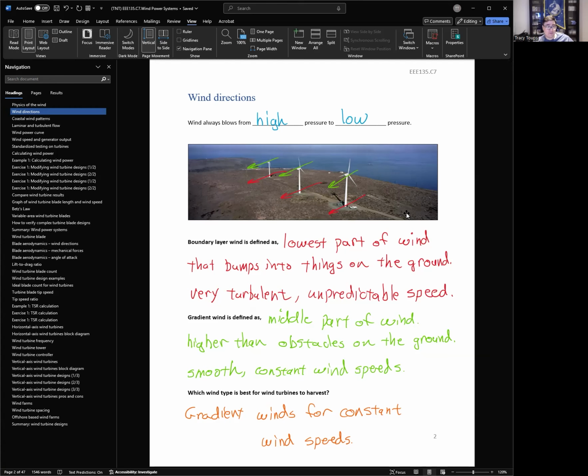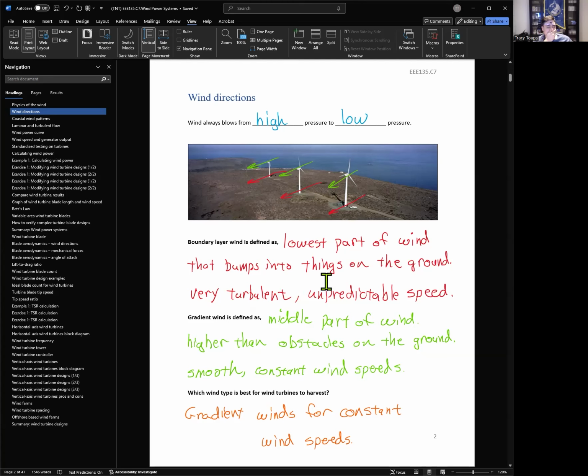Because it's on the Earth, it's going to bump into many things. If you have a little hill, a tree, some buildings, it's going to bump and move around them, and be blocked. So the boundary layer wind is very turbulent, with very unpredictable speed, because naturally things will block it.